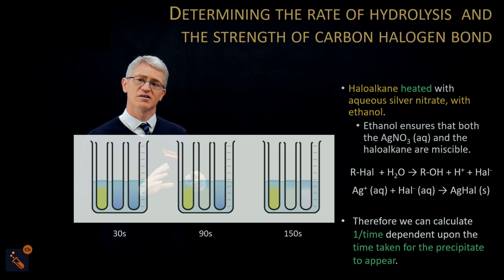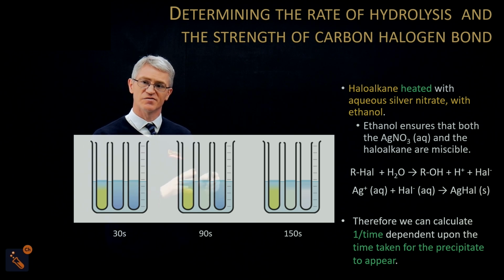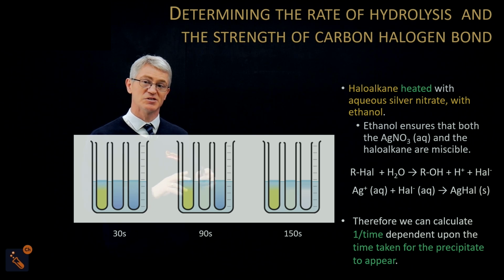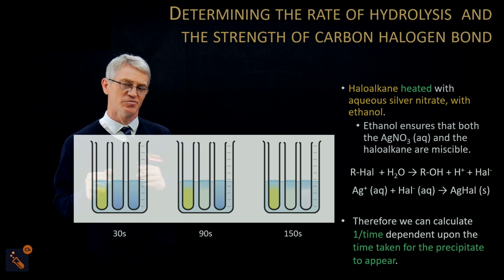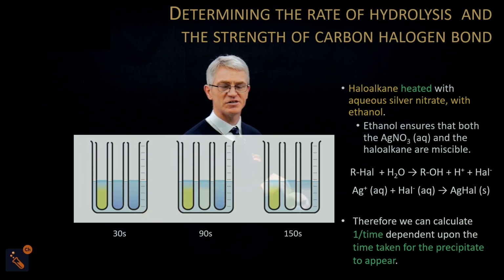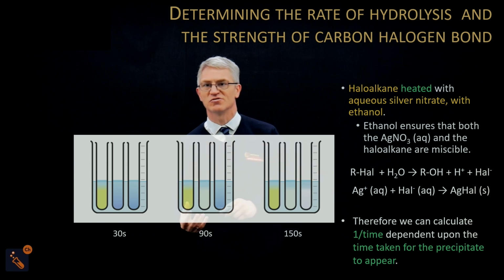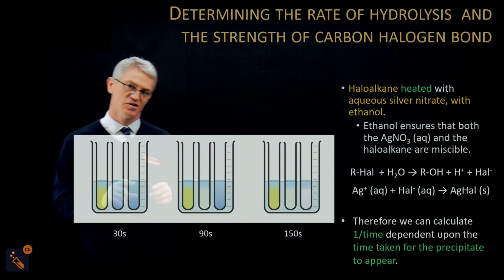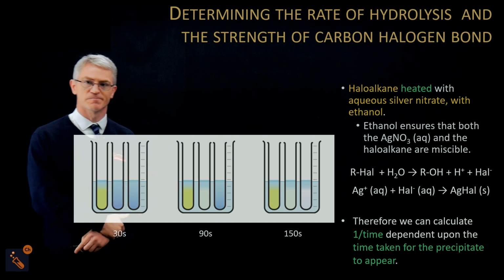And then it took a little bit longer for the bromo to break its bond with the alkane and then form the precipitate, which means the bromo bond must be a little bit stronger than the carbon-iodine bond, and then the chlorine took even longer, which means the chlorine must be stronger. Chlorine-carbon bond is stronger than the carbon-bromo and the carbon-iodo.